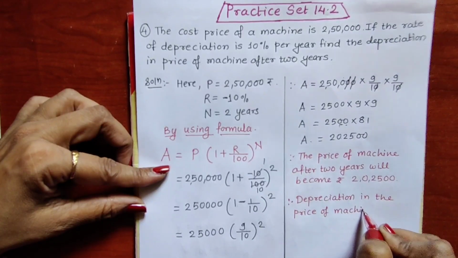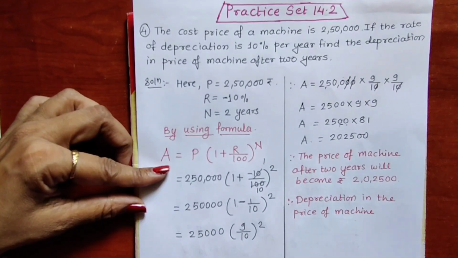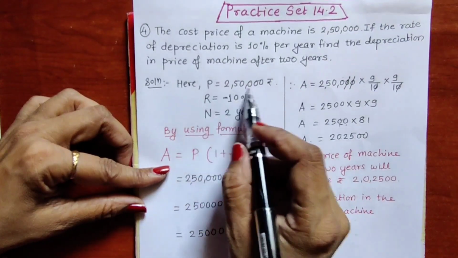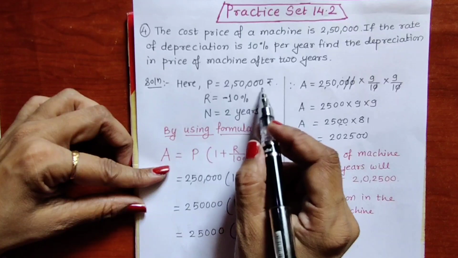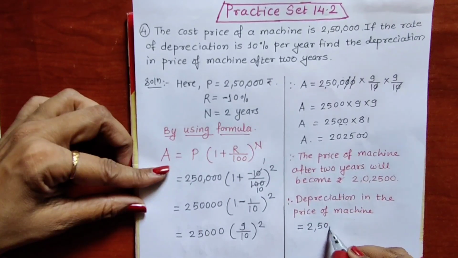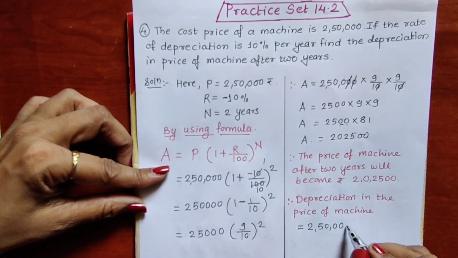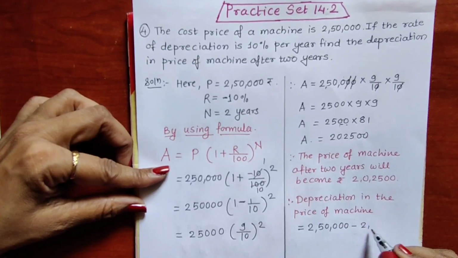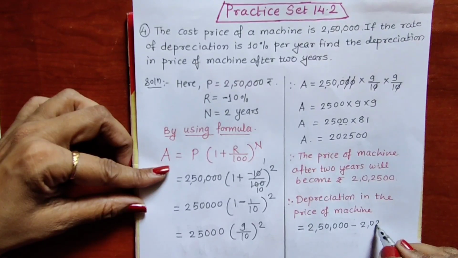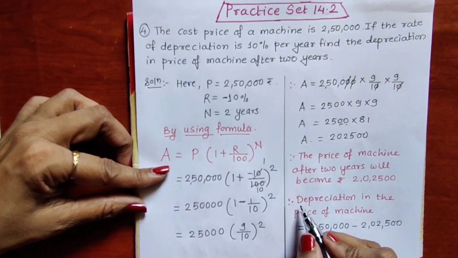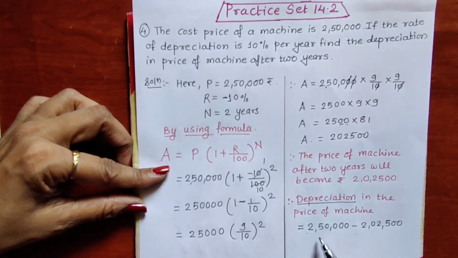How to calculate depreciation? Depreciation can be calculated by writing the previous price of machine. In the beginning the price of machine is given 2,50,000 minus the price of machine after 2 years. Okay, so in this way we can find out the depreciation in the price of machine.